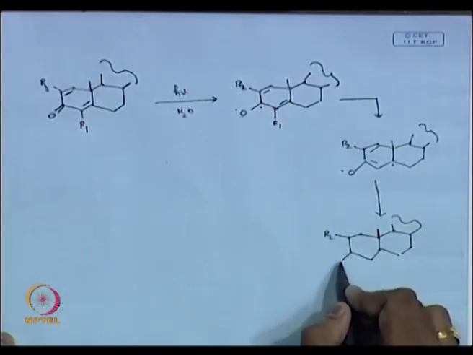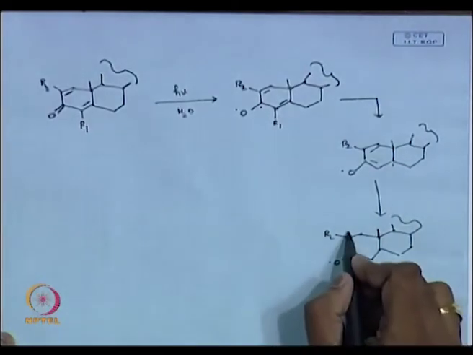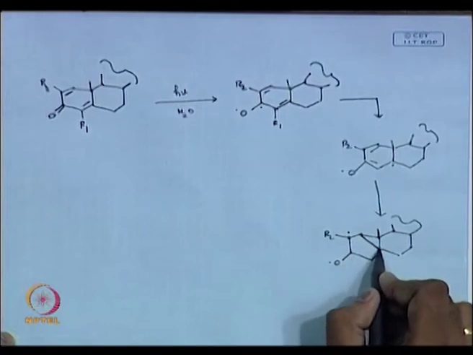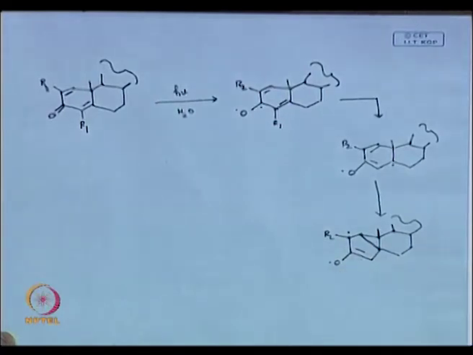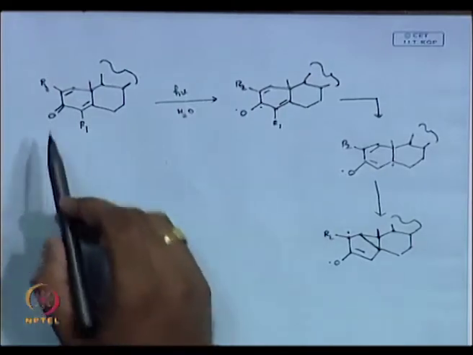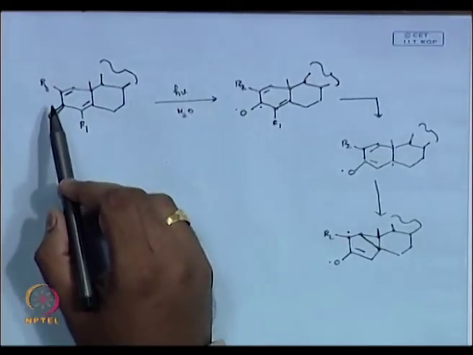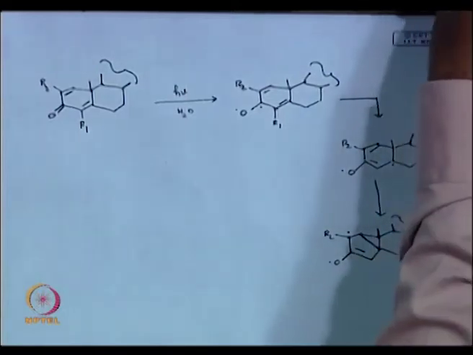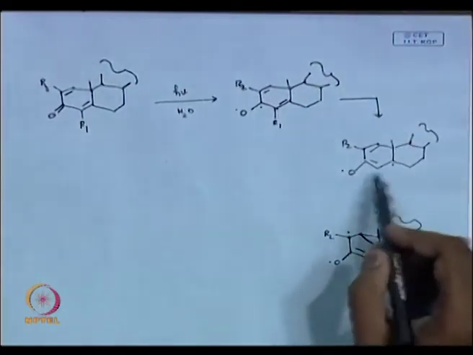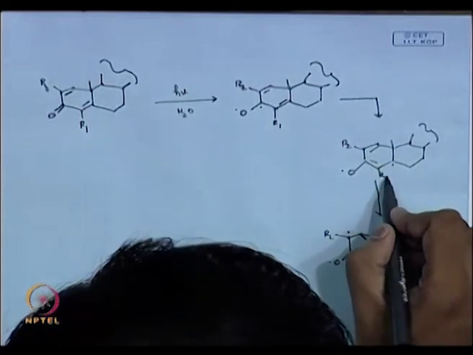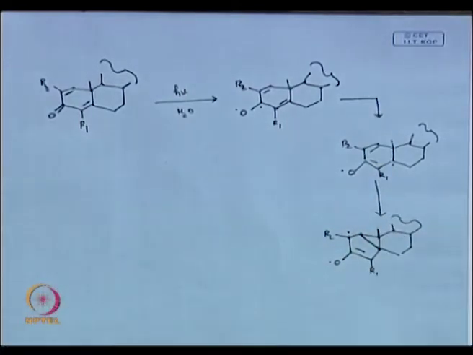R2, you can have an O dot, then you have a dot, you can make a nice bond here. R1, yes, thanks. So, I get an R1.